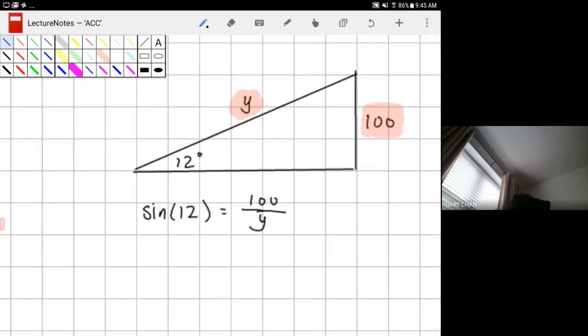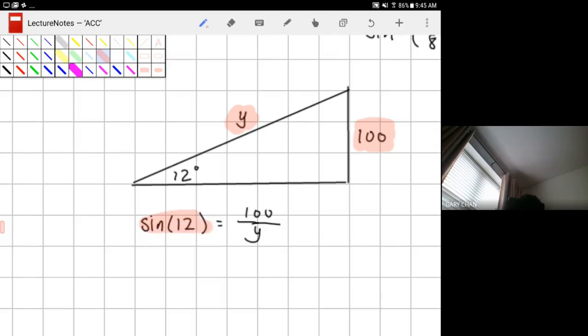Now you could do this all in one step, punching into the calculator. I'm going to show you how to do that, unlike that previous problem where I did it out in steps. Let's try to treat this sine of 12, even though it looks really abstract, we understand that this represents a number, doesn't it? Yes.